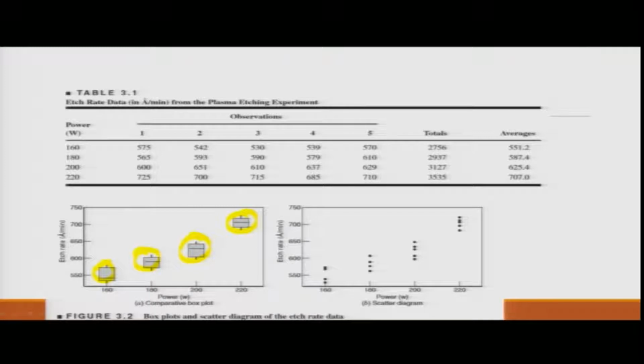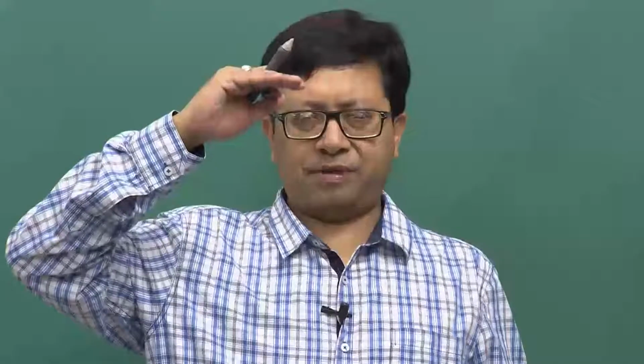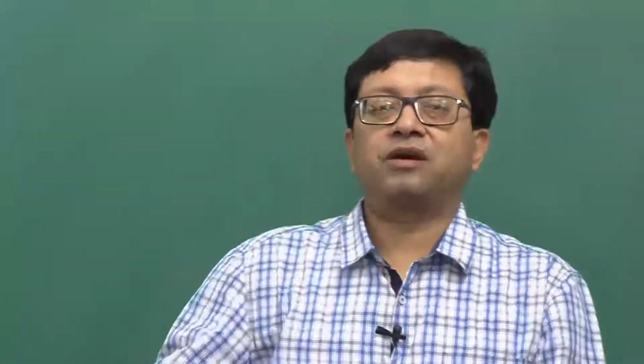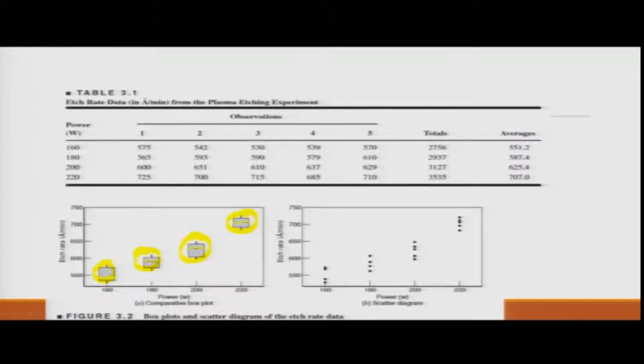If you see this middle line, which is the median, and this box, the part vertically above the median and below the median are the respective quantiles greater than or less than the median, because the values increase along the y axis as you go vertically up. So, this gives you the values with respect to the median and the quantiles in the comparative box plots.